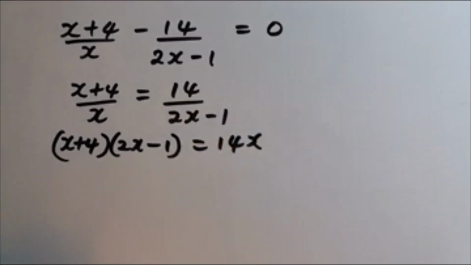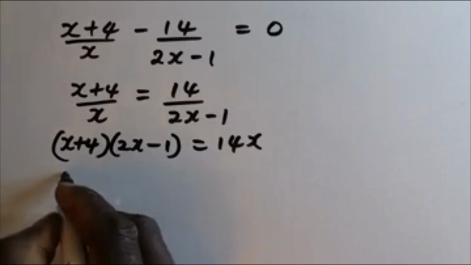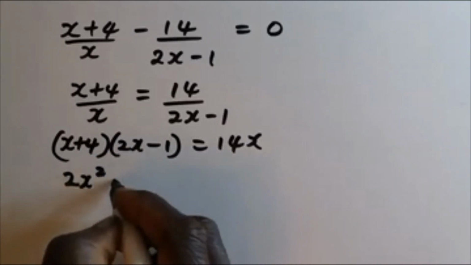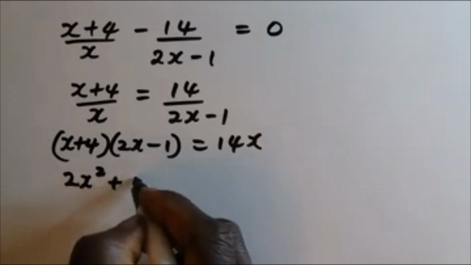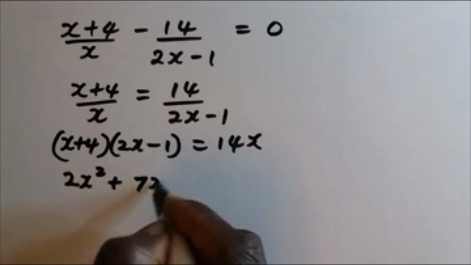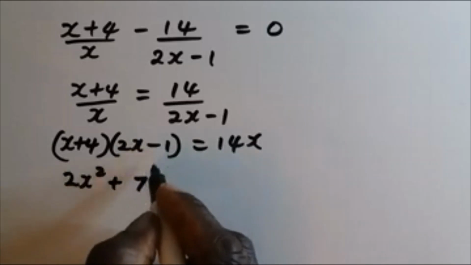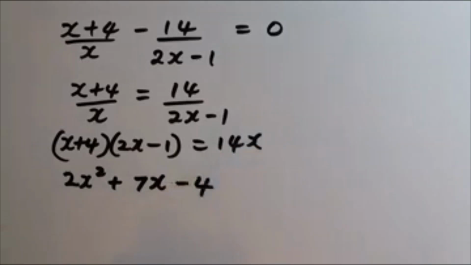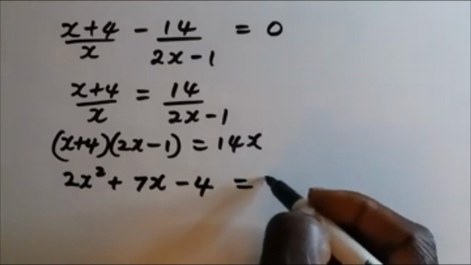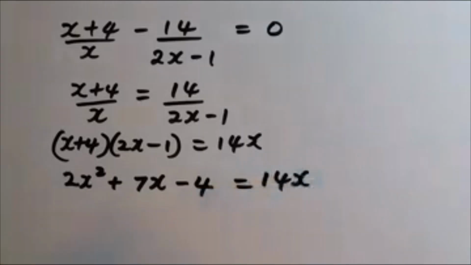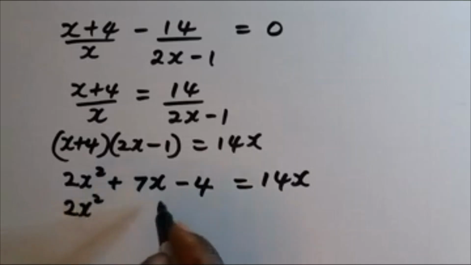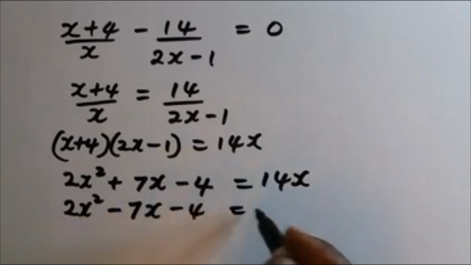When we clear these brackets, it evaluates to 2x squared add 7x minus 4 is equal to 14x. And further to that, we have 2x squared minus 7x minus 4 is equal to 0.